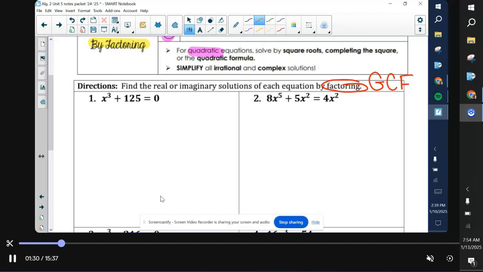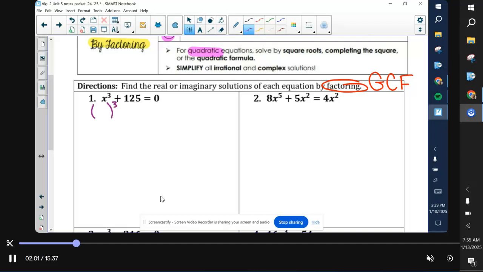As we look at number 1, I do not have a greatest common factor. I see two terms with a plus, so the only possibility is the sum of cubes. Can you cube something to get x cubed? Yes. Can we cube something to get 125?